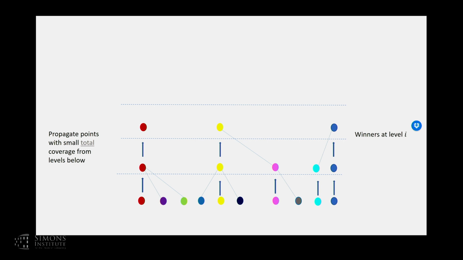So who do I propagate up? There's a greedy rule here, and this is probably the only non-triviality in this algorithm: I cannot just propagate anyone. These levels capture how much coverage there is from balls of radius i and below, and I propagate the point that has the least coverage from radius i and below. Let me make it concrete.